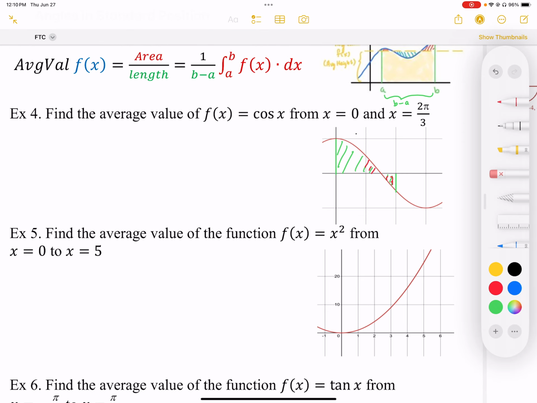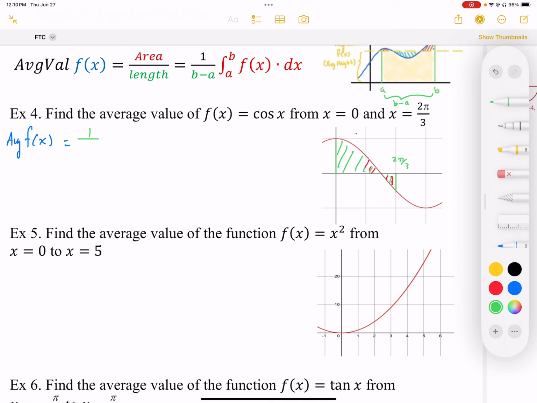First of all, I'm going to use my formula here. The average value of f of x, or the average height, is going to be equal to, starting with my interval, 1 over b minus a.